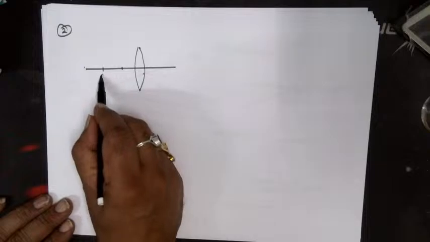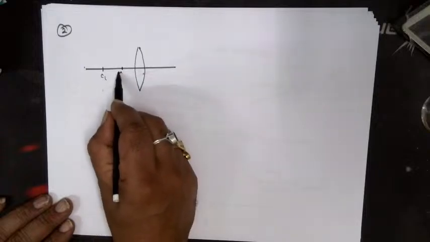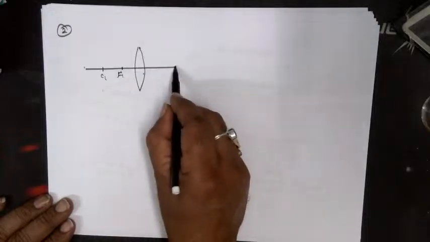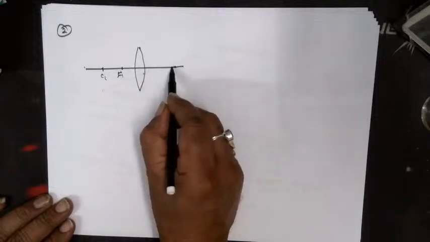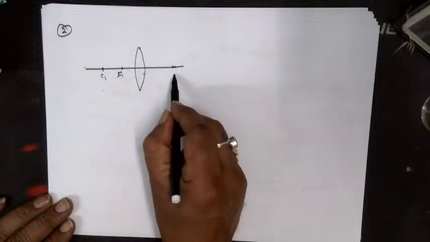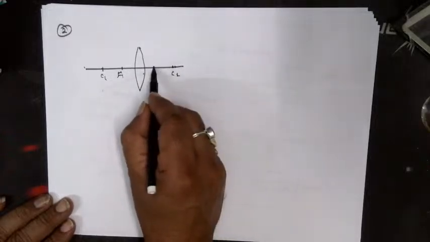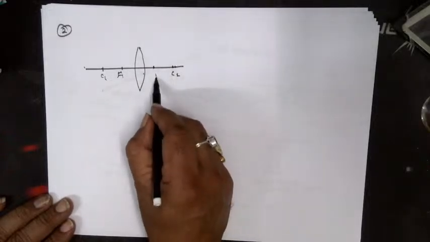So this is C1, this is F1, and this is the center of curvature. C1 is the center of curvature, and C2 is the center of curvature of this surface, and its focal length is this. So this is F2.